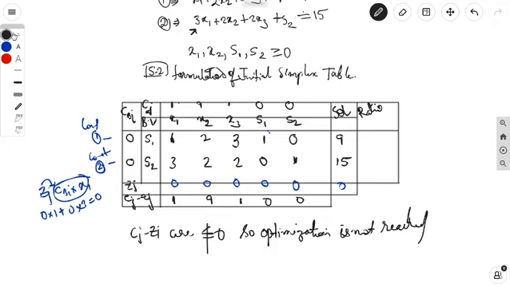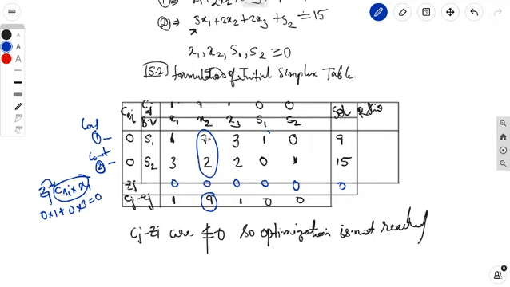Before doing iteration 1, we need to form the key column, key row and key element. Now look over here. What is the maximum value of Cj minus Zj? It is 9. So this becomes the key column.